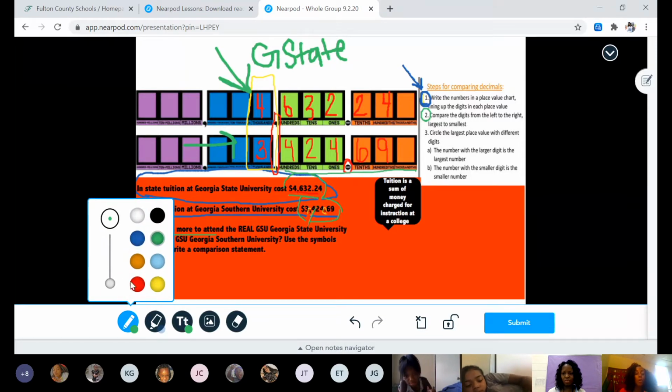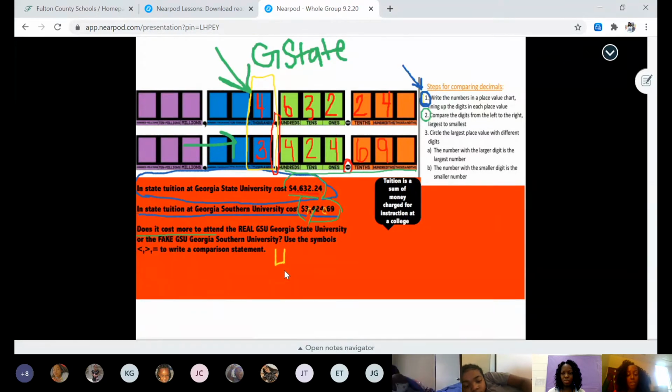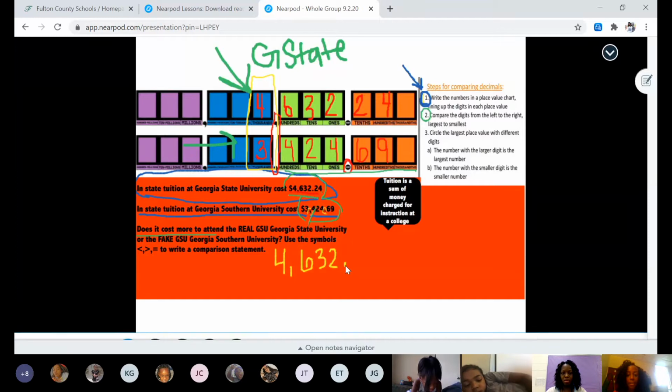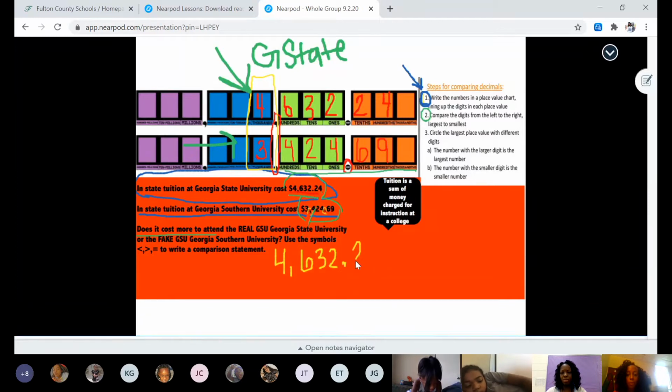So I'm going to model and show you guys how to write a comparison statement. Make sure that you pay attention. So I want to write that 4,632 and 2,400 is greater.